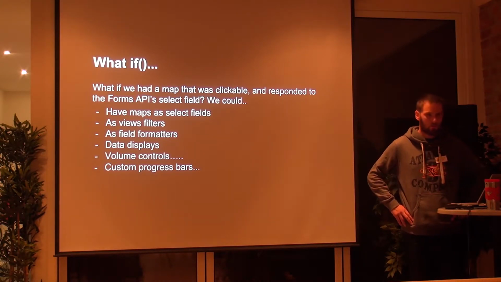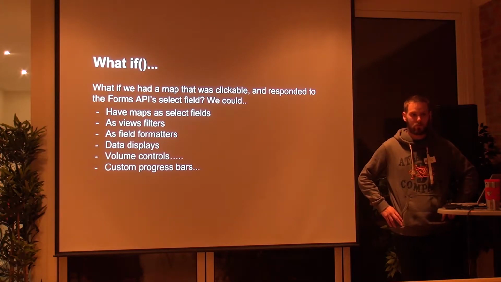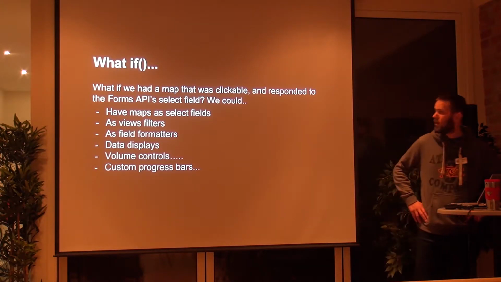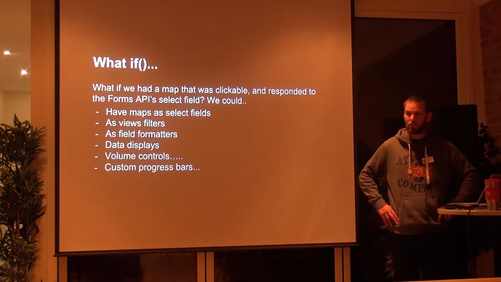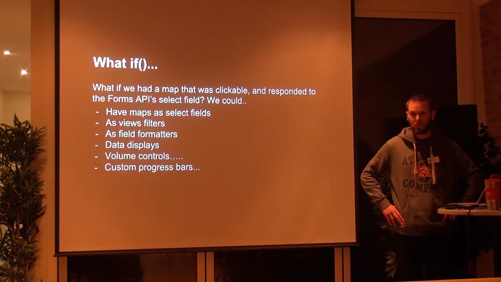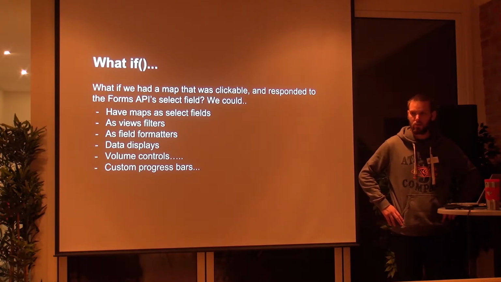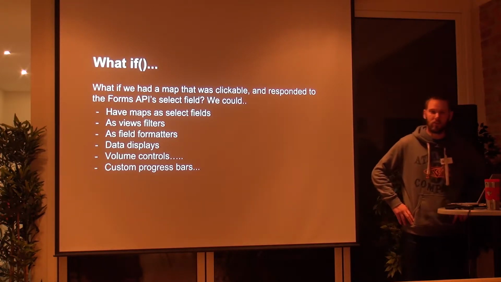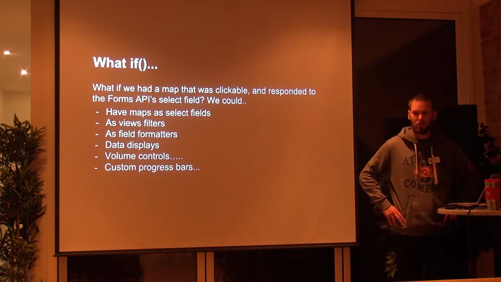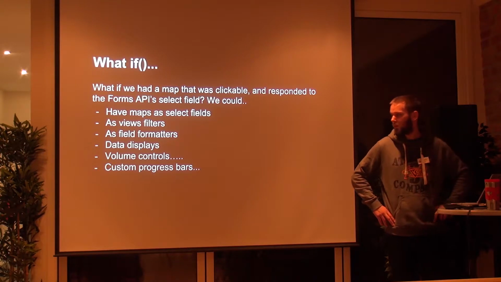Well, you could have maps as select fields, as views filters because they are fields, as field formatters because if you have the map in the system, you could just use it as a field formatter as well. You can use it for data displays.